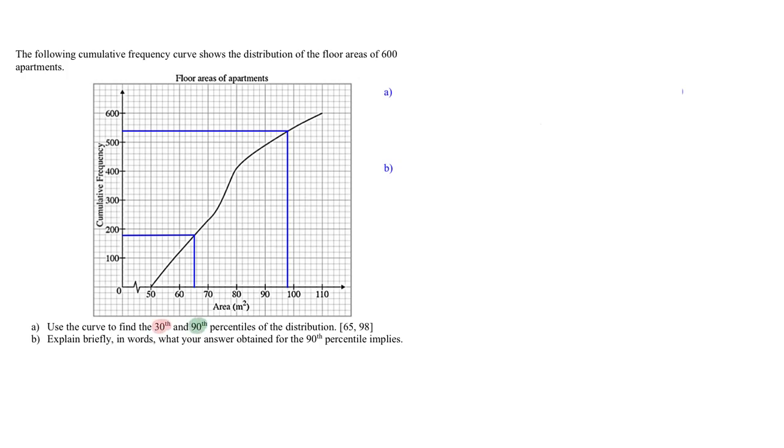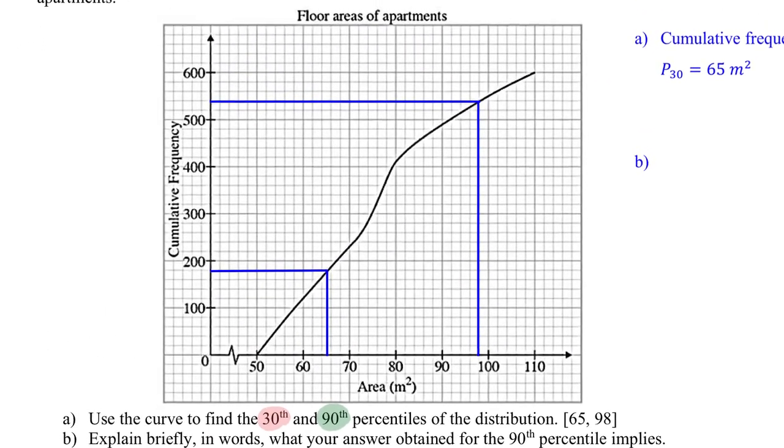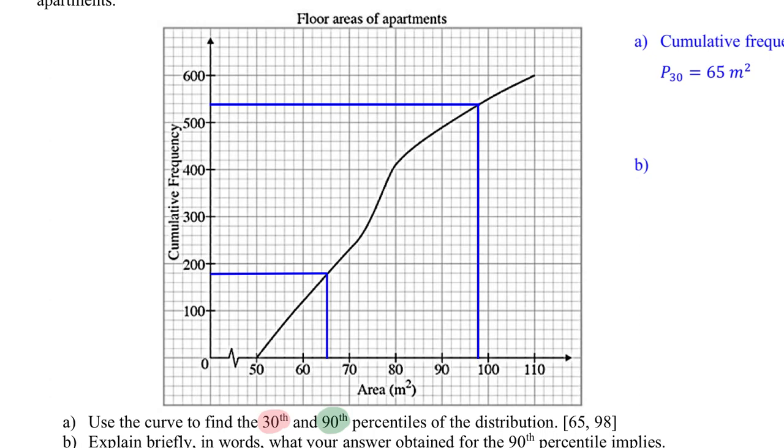and the 90th percentile. So for part A, the first thing that I will want to find is the 30th percentile. I would then need to find the position on the cumulative frequency. Therefore, I multiply by the 600 apartments to give me 180, and that's where I know. Now, if I zoom in to the cumulative frequency, this is the point.